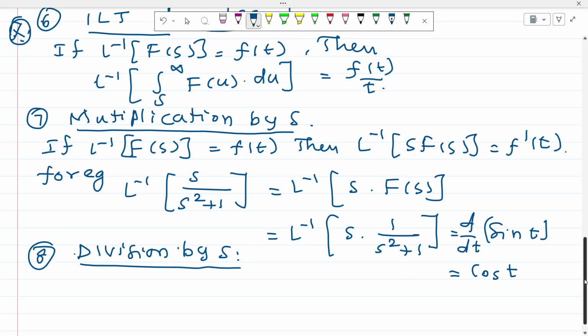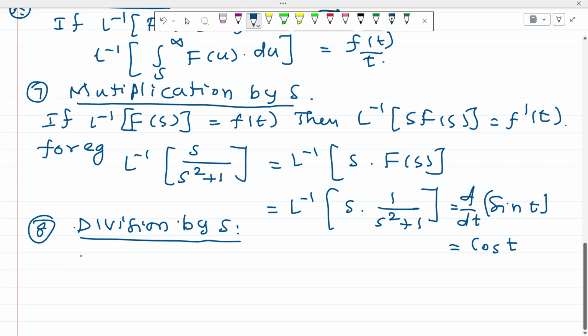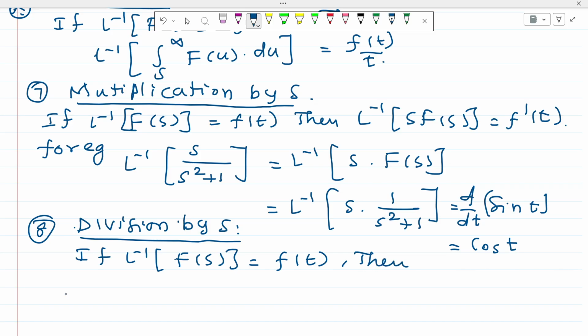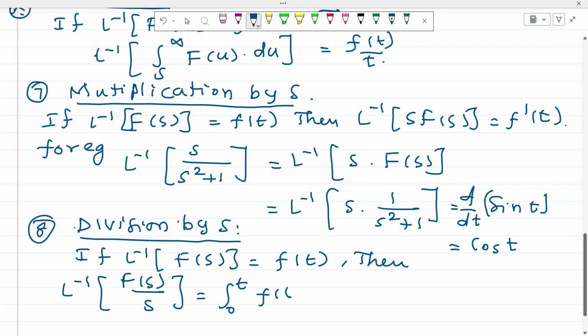Division by s: if L inverse of F(s) equals f(t), then L inverse of F(s) by s is equal to the integral from 0 to t of f(u) du.